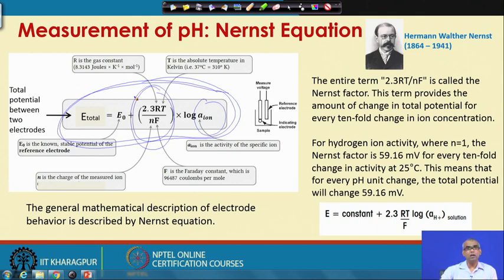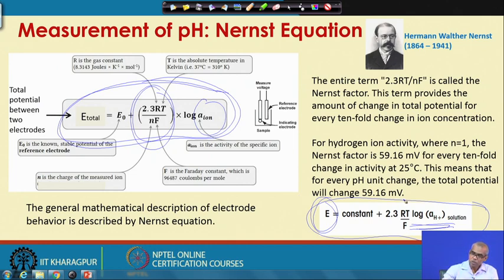So, for n equal to 1 and hydrogen ion, we can write the Nernst equation as E equal to constant plus 2.3 RT by F log of hydrogen ion activity. So, this part is nothing but a measure of pH. Okay. So, you see that by measuring the potential between these two electrodes, I can measure the pH.